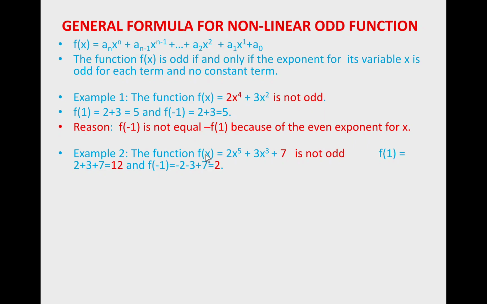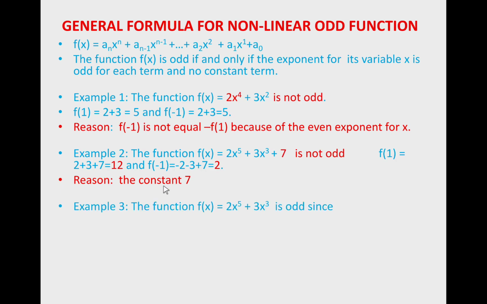So f of minus 1 will be equal to 2 times minus 1 to the power 5, which is minus 2, plus 3 times minus 1 to the power 3, which will give us minus 3, plus 7. That's going to give us minus 5 plus 7, which is plus 2. These two are not equal, so these left hand sides will not be equal no matter what. So this is also not an odd function for the simple reason it has a constant term.